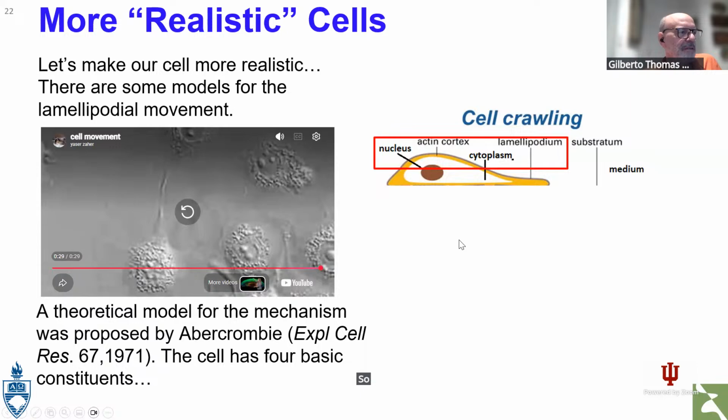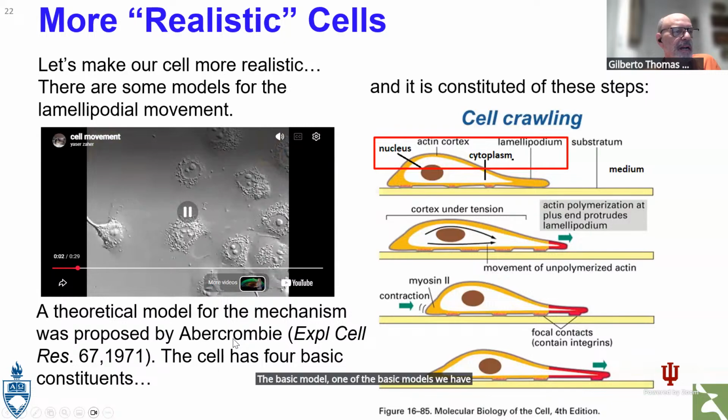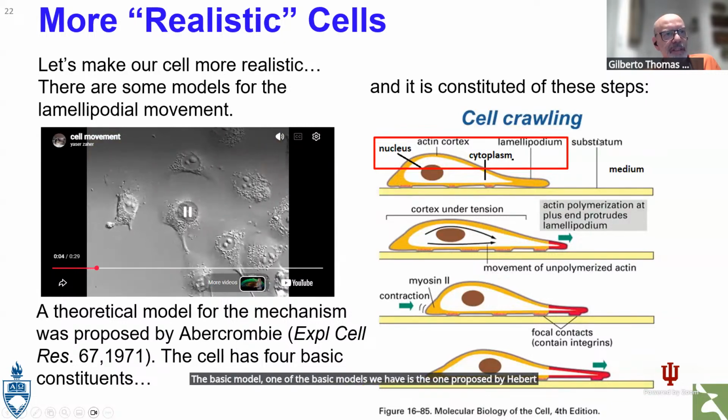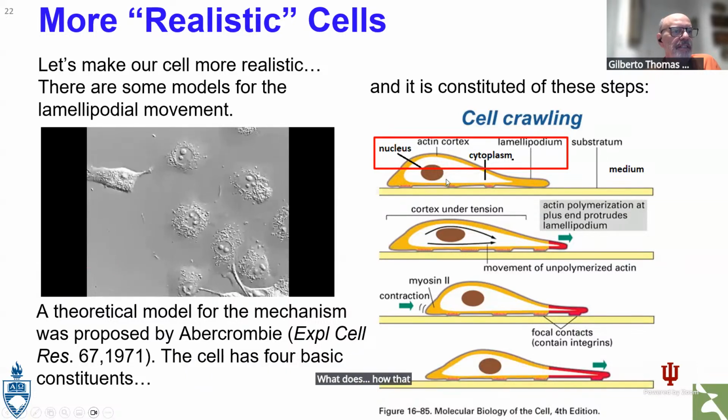So one of the basic models we have is the one proposed by Abercrombie for cell crawling. How does that happen? See, there is the cell.